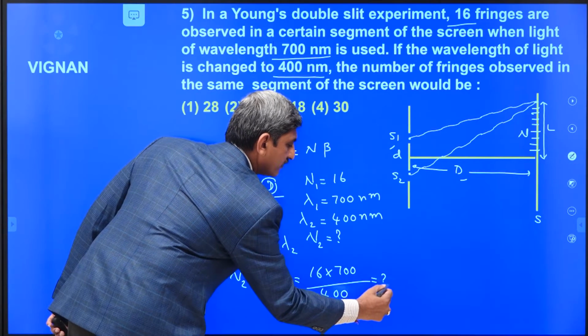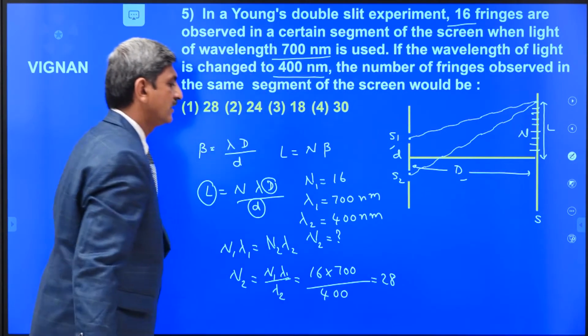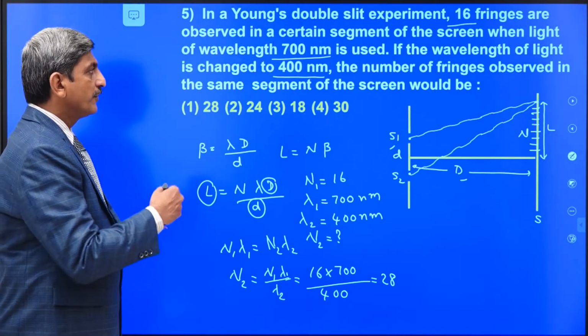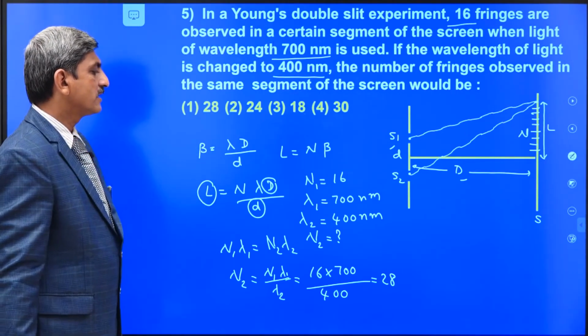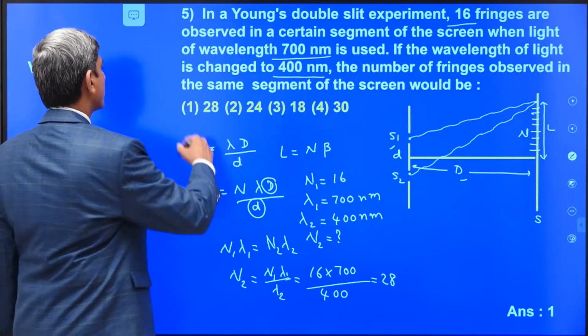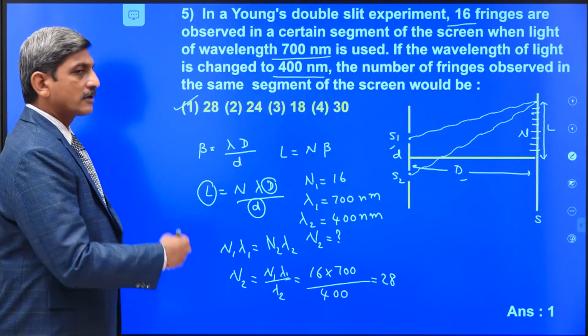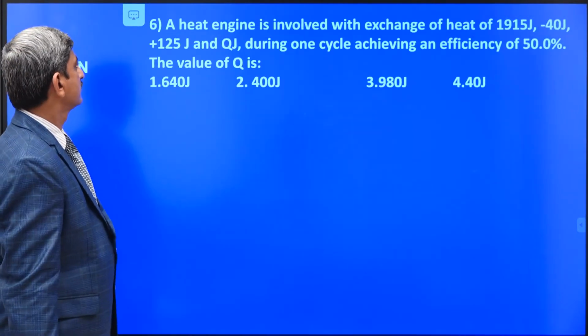By solving this, you will get 28. So the number of bands when we use light of wavelength 400 nanometers is 28. So your answer is 1. Come to the next problem.